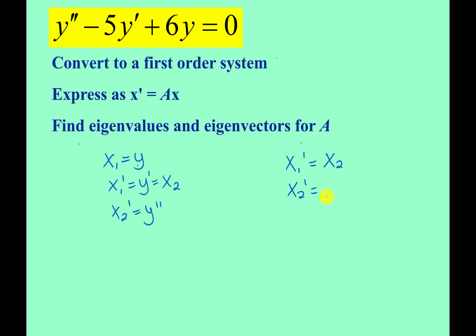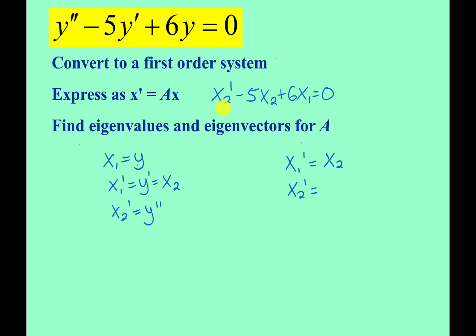But now the x2 prime depends on what the differential equation was. So let's go ahead and do the substitution. Y double prime is x2 prime, minus 5y prime is x2, plus 6y, that was x1, equals 0.